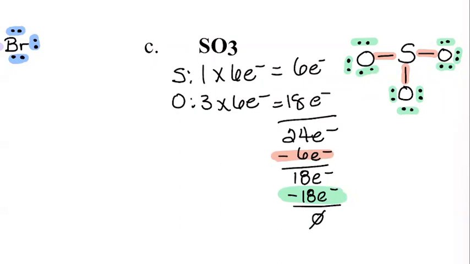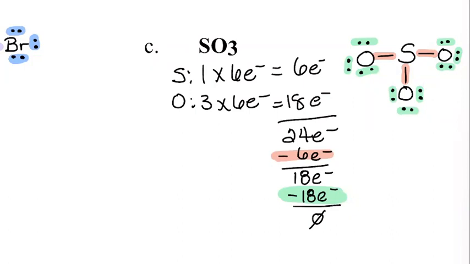So how do we give sulfur its octet when we have used all the valence electrons to complete the octet rules of the outside atoms? Well, we are going to make one of the oxygens share in with the sulfur, and that's how you make a double bond.